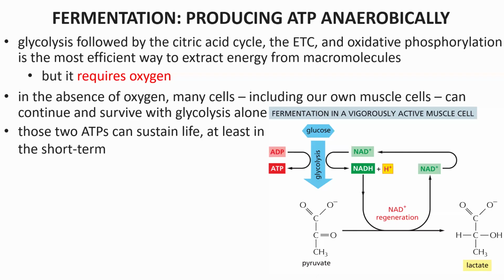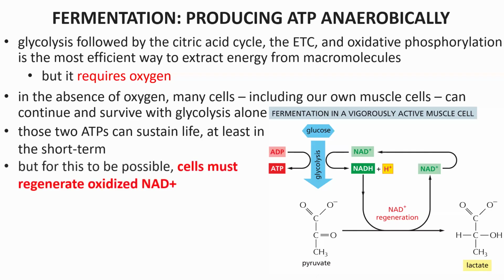The reactions of glycolysis require dehydrogenation, and without NAD+ to accept those electrons and that hydrogen, glycolysis would shut down. So the 2 ATP profit of glycolysis could support life, but for that to be life supportive, glycolysis must keep running, and for glycolysis to keep running, we must regenerate NAD+.